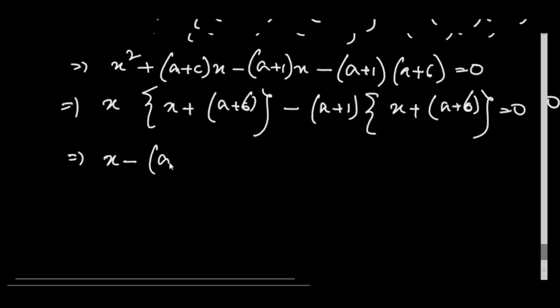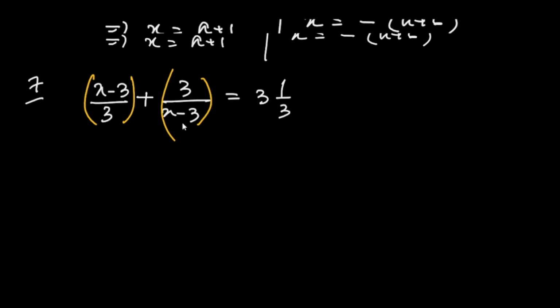The first one is the reciprocal of the second. So that means if I take, let a equal (x minus 3) by 3, that will imply 1 by a equals 3 by (x minus 3).